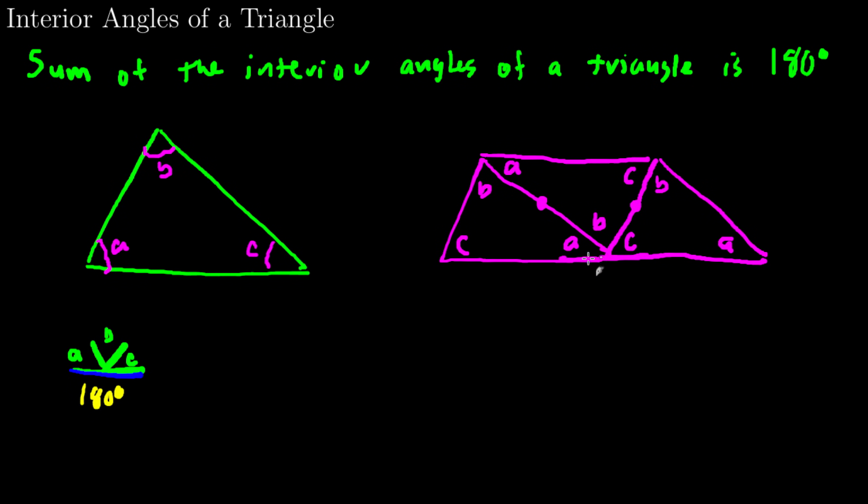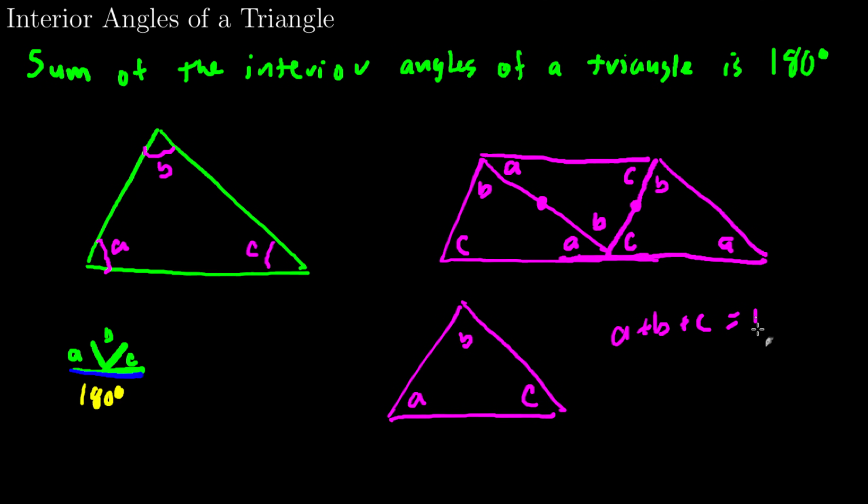A, B, and C combine to make a straight angle. So our rule here is, in any triangle, with angles measuring A, B, and C, A plus B plus C equals 180 degrees.